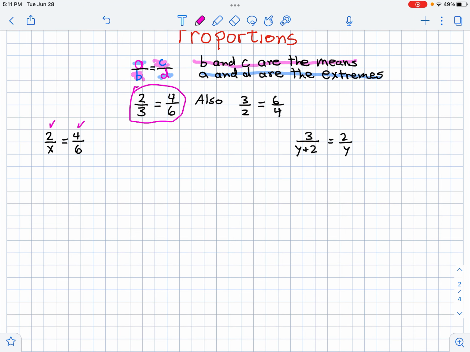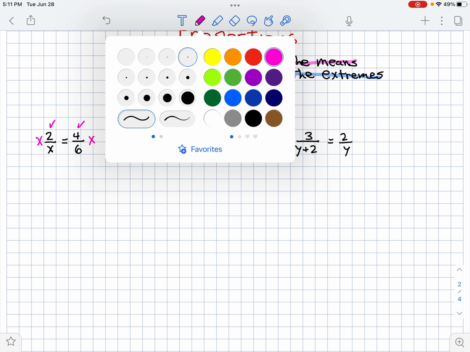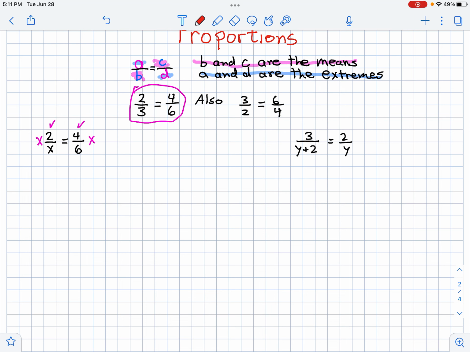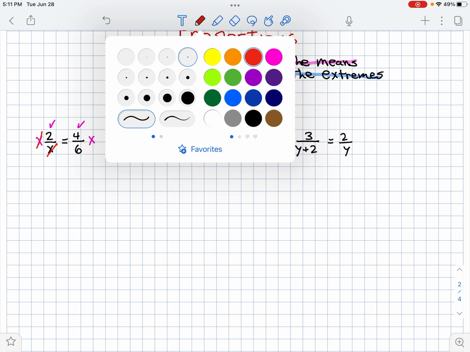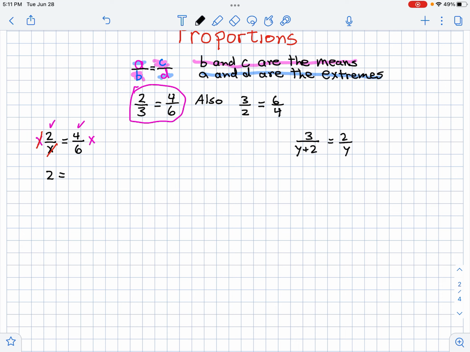Well, notice this is an equation. What we could do is multiply both sides by x. If I do that, x will just divide out over here, and what we're left with is 2 equals 4x over 6.